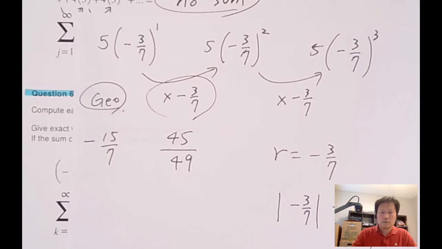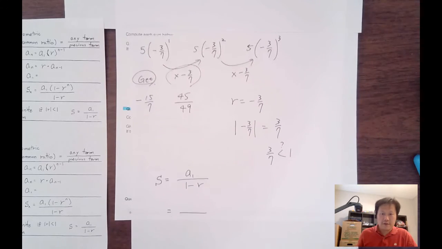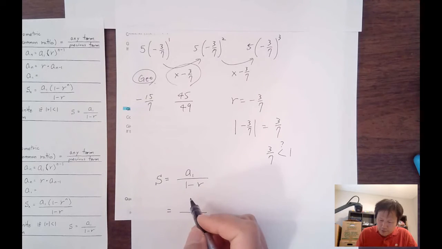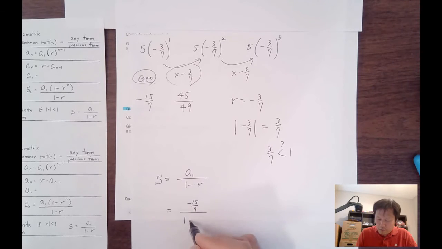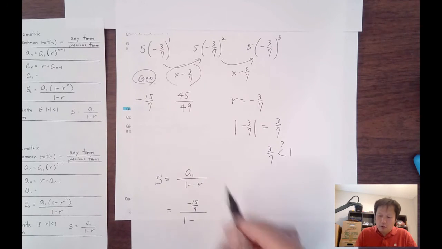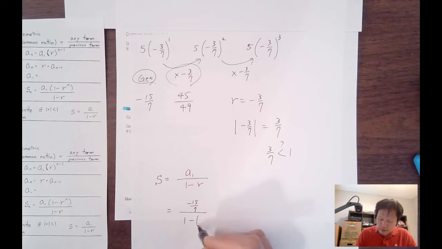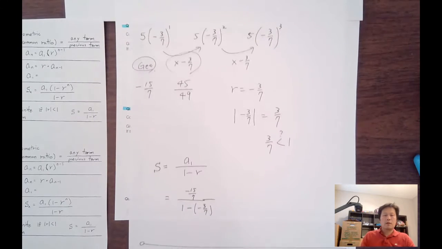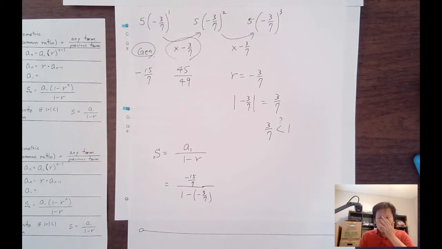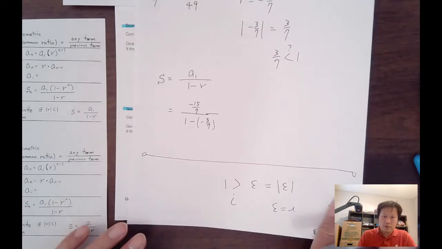So we got first element minus 15/7, over 1 minus r. r was minus 3/7. And that would be the format. If a calculator is allowed, you just type it into the calculator.